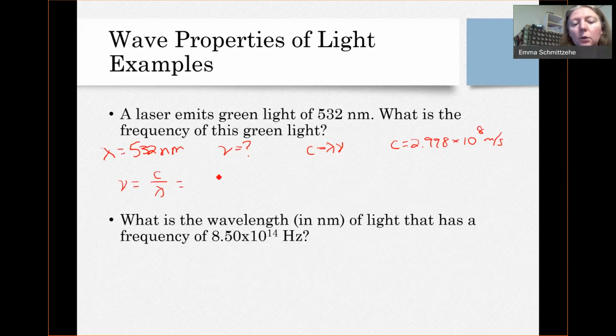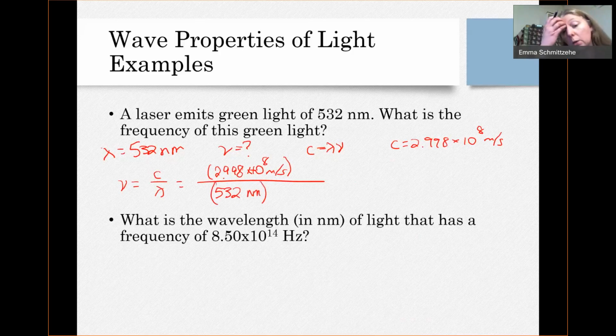And then we put our speed of light, 2.998 times 10 to the 8th meters per second, over our wavelength, which is 532 nanometers. Now when you look at this, you should pay attention to your units.